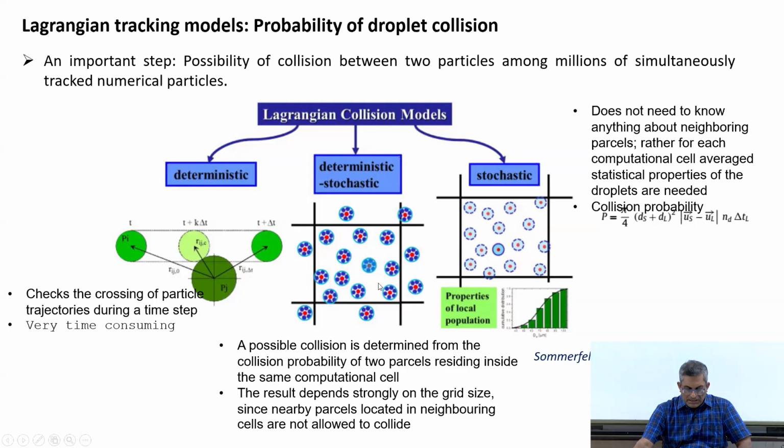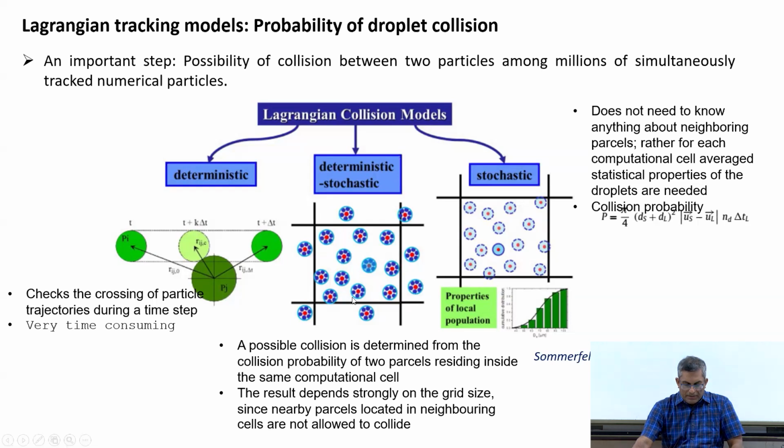If these are within this cell, then they collide, otherwise they do not collide. Now, this significantly reduces the computational cost, and here you do not have to track. You say that okay, I have this many particles and they all collide, then what is the outcome?